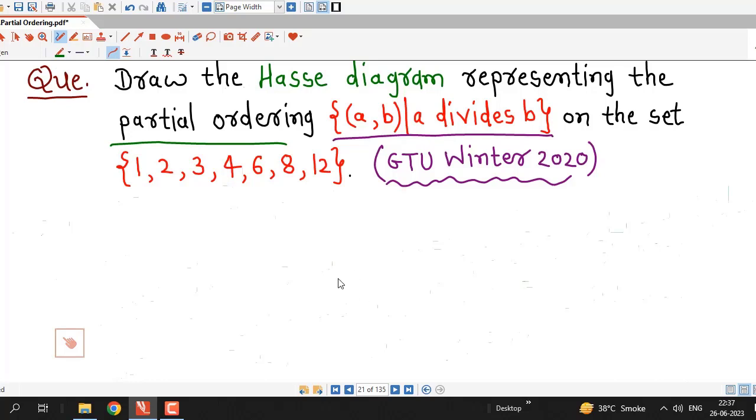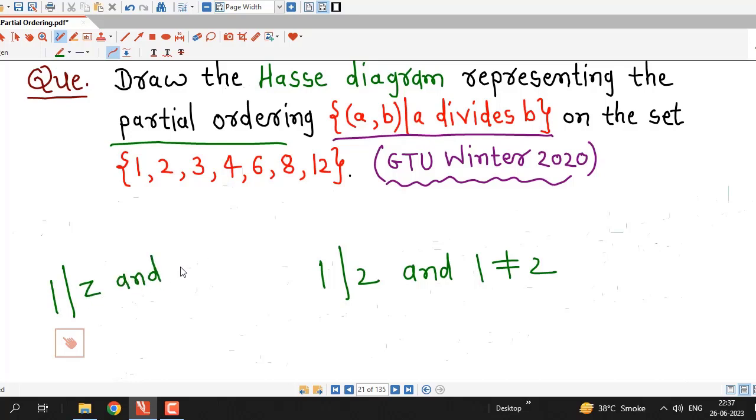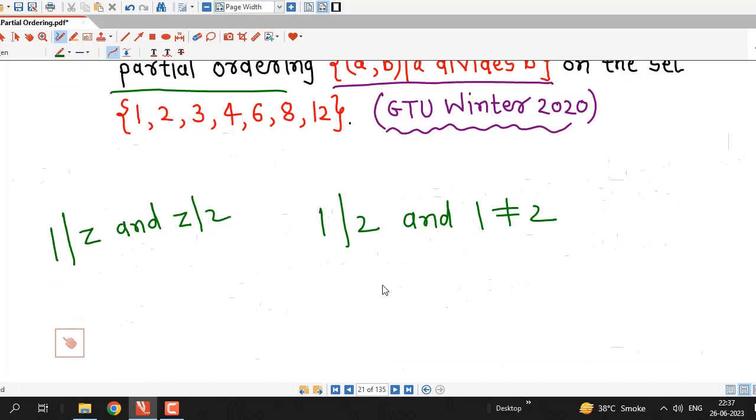Now we know that 1 divides 2 and 1 and 2 are not equal, and also there is no z in between 1 and 2. There is no element z such that 1 divides z and z divides 2. So I can say that 2 covers 1.